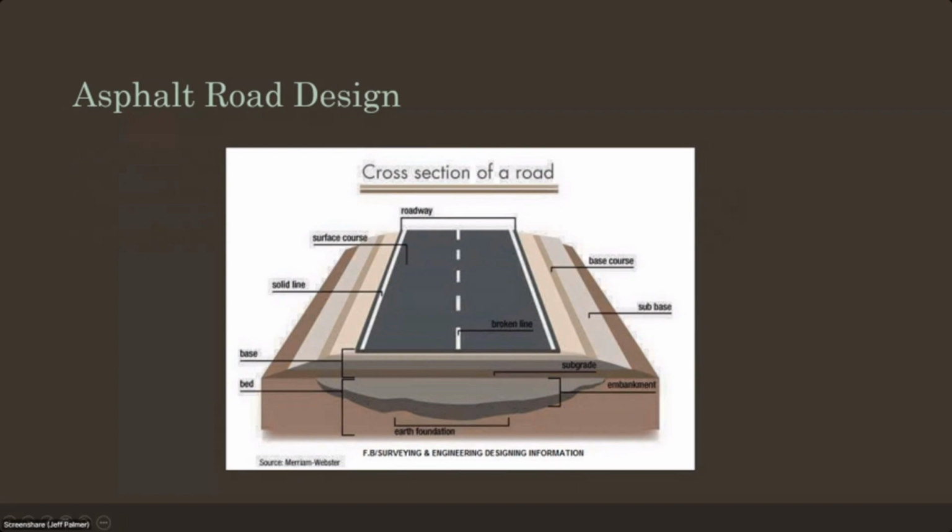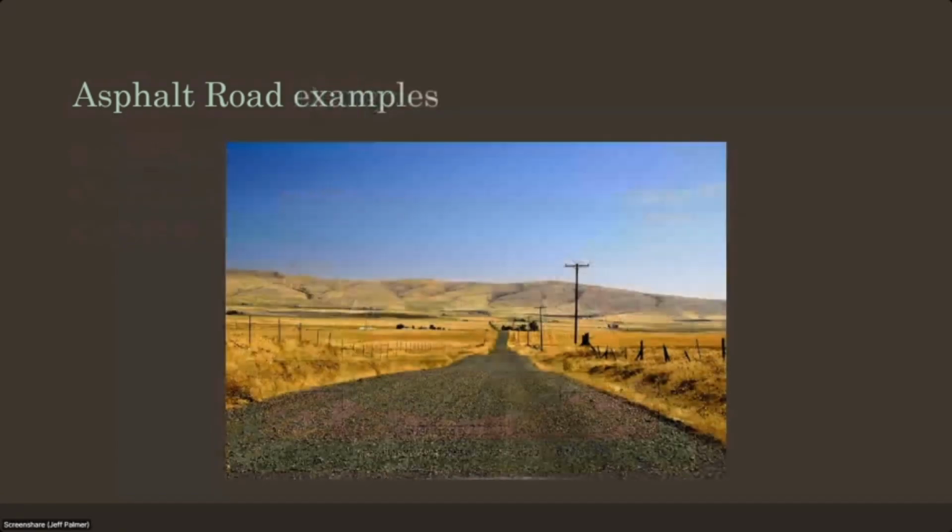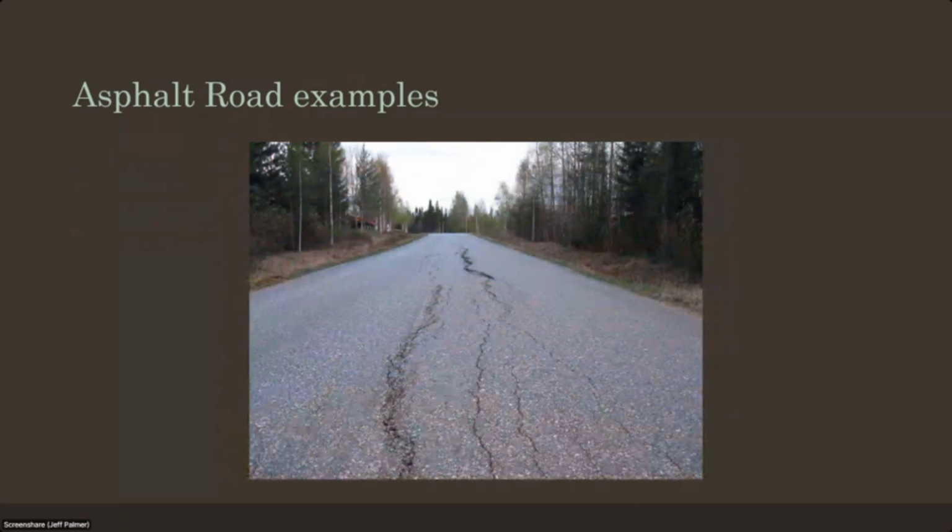This is a typical oiled road going down through some farm country. And again, this is something that we see a lot of. Notice that there are what I'm going to call vertical cracks, since they follow the length of the road.